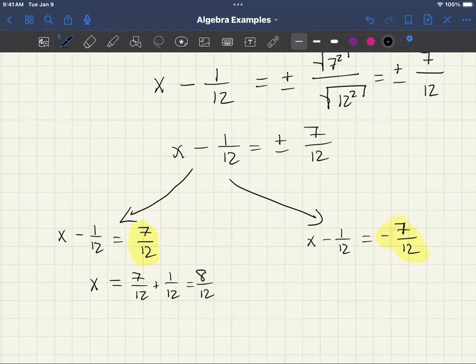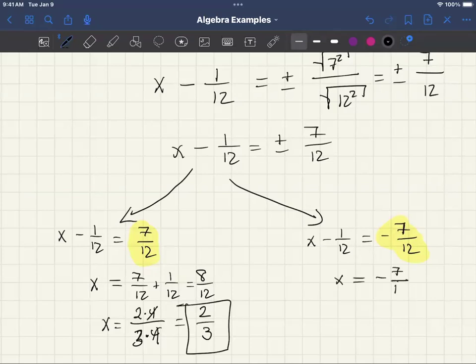On our first solution, that is going to give us x is equal to 8/12, and let's break that down a little bit. 8 is 2 times 4. We can write 12 as 3 times 4. So one of our solutions is going to be 2/3. As for our other solution, we have negative 7/12 plus 1/12.